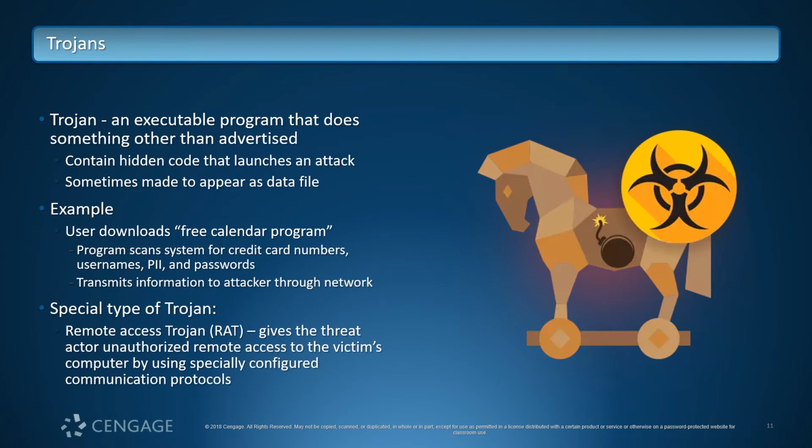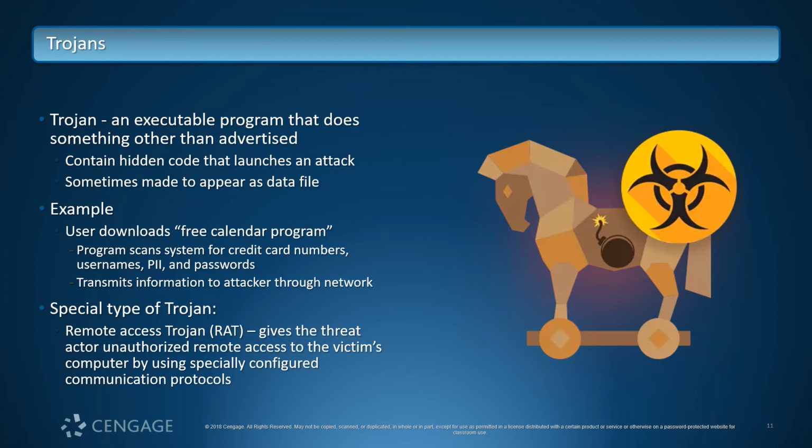So it will look for a sequence of 16 numbers that may be followed by two-digit blocks separated by a slash. You can have different format strings that try to look for things that may be indicative of potentially valuable information. Once that information is procured, it's going to be transmitted to the attacker through the network. So it's usually going to be some kind of utility that advertises the ability to automatically update or similar.